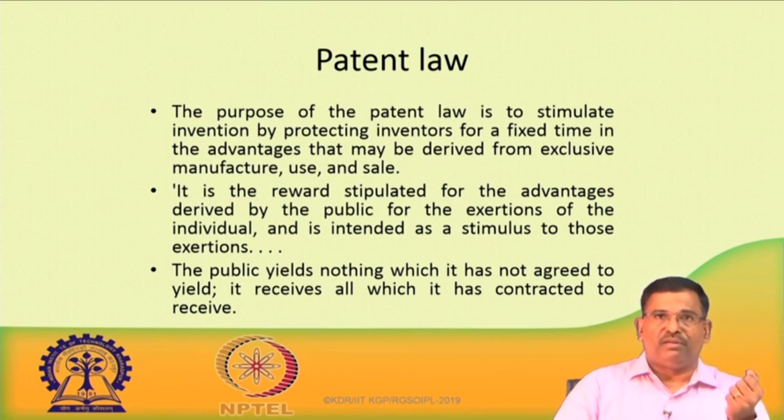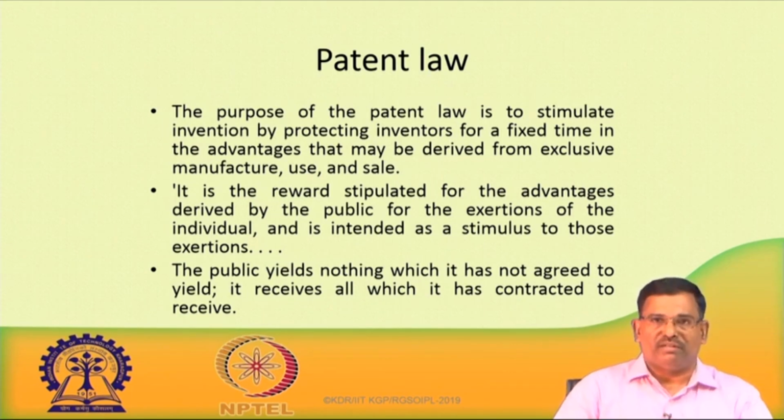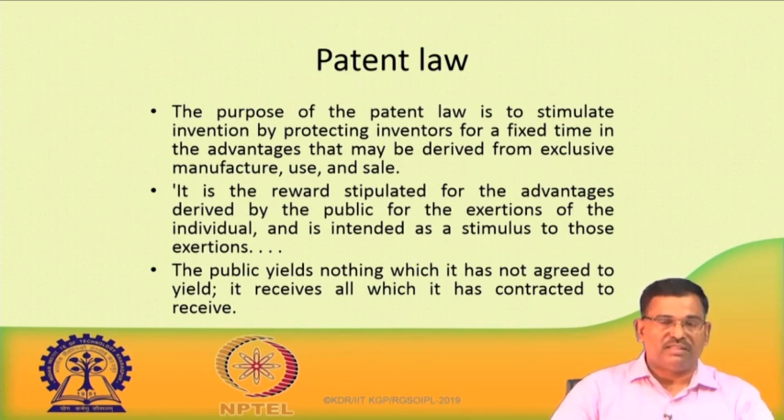For example, the objective of patent law is to stimulate innovation, to give an incentive to the innovator, but not to exploit the market. So, there can be an exclusive manufacturer, but if this exclusive manufacturer adopts unfair means and refuses to deal, then the essential facilities doctrine, which we discussed in the last class yesterday, will come into play.